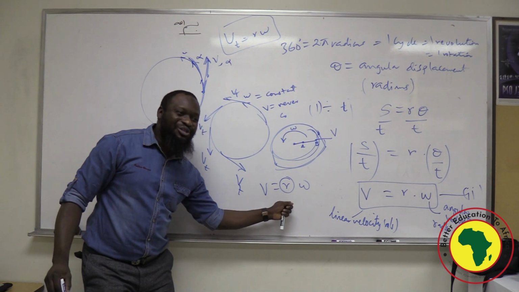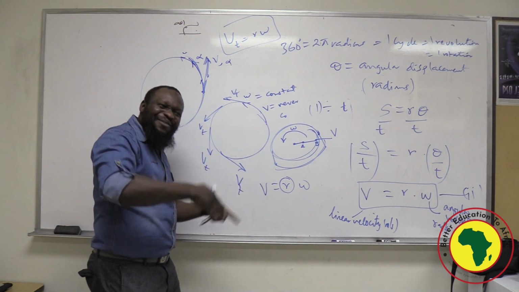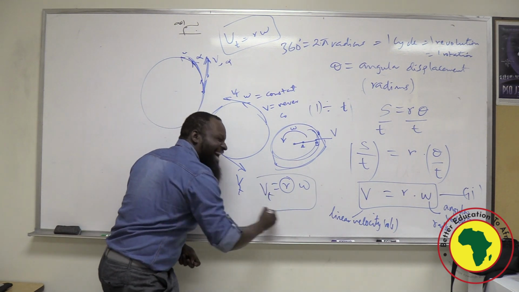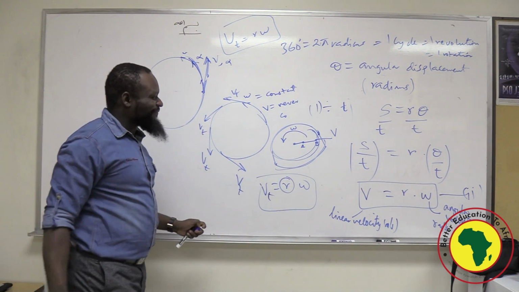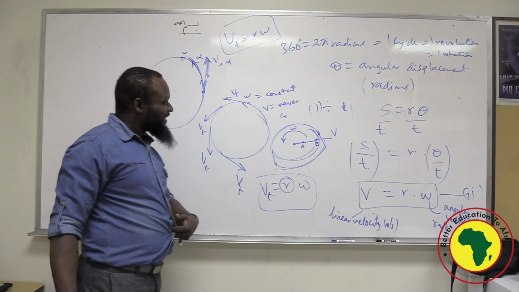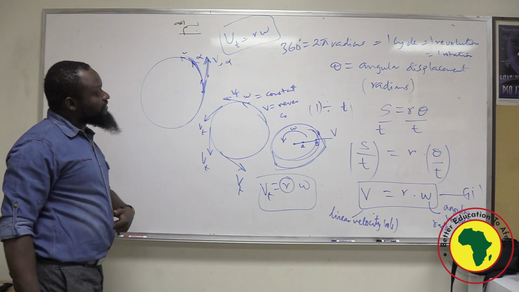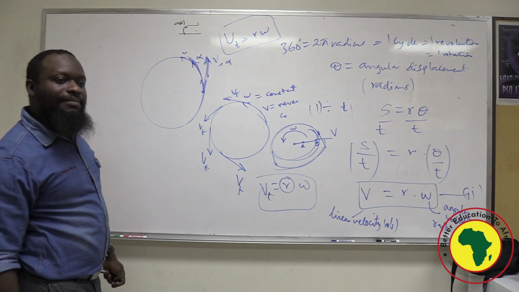Those that have the short radius will have small velocity. Those that have the larger R from the center will have larger tangential velocity at that point. But we'll understand more about that when we do rotational motion. So the velocity is never constant, but the angular velocity can be constant.